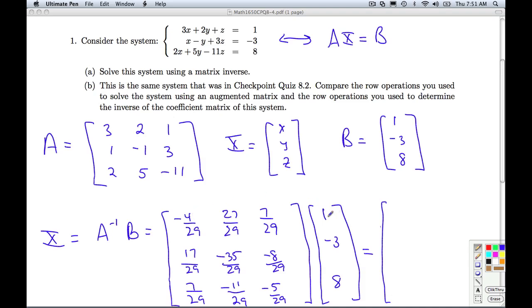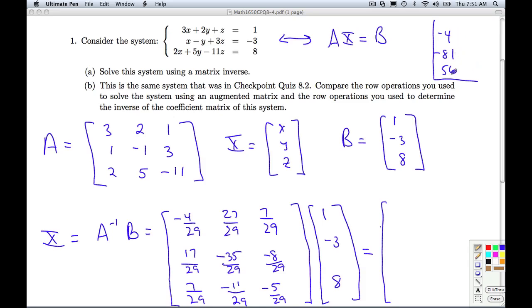I've got negative 4 times 1 is negative 4. So we'll keep a little tally up here. So I have negative 4. I have 27 times negative 3. So that would be negative 81. And I have 7 times 8, 56.